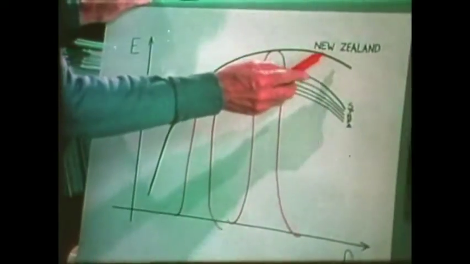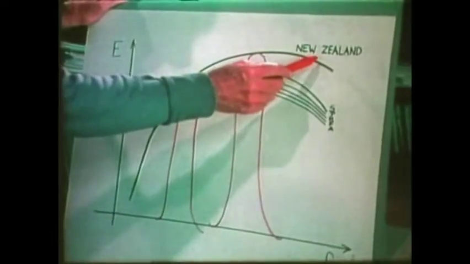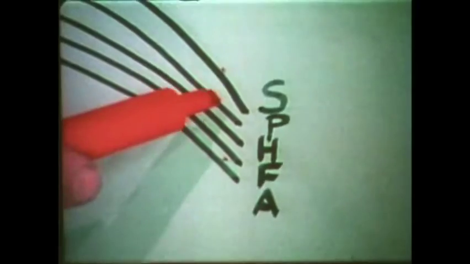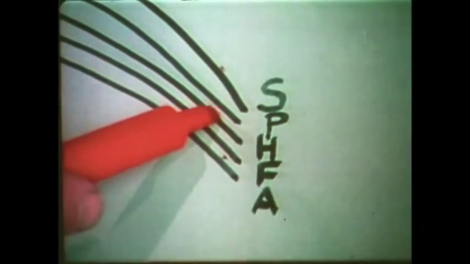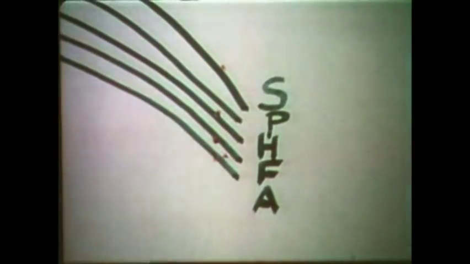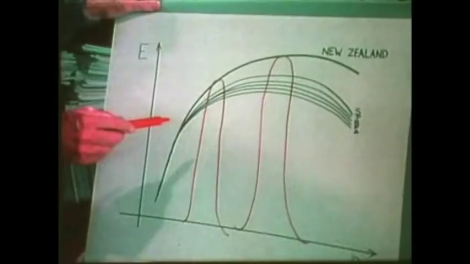At higher frequencies, we found to our surprise that nearly all of the attenuation took place between New Zealand and Samoa, and from Samoa on north all the way to the Arctic, there was virtually no measurable attenuation.